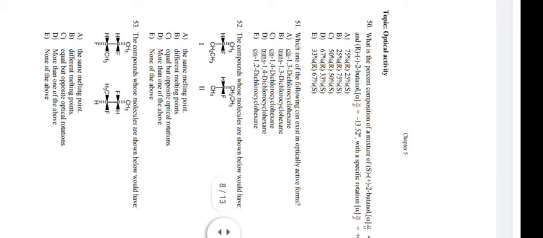We have the PDF also indicating the wedges: the compounds whose molecules are shown below would have, in the options, same melting point, different melting points, equal melting points, more than one melting point, none of the above.